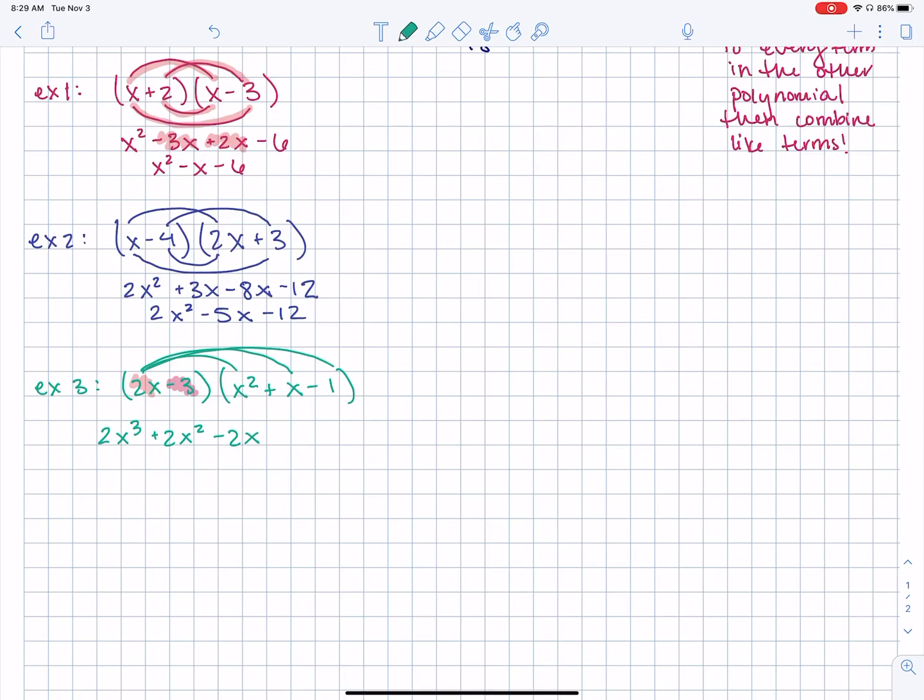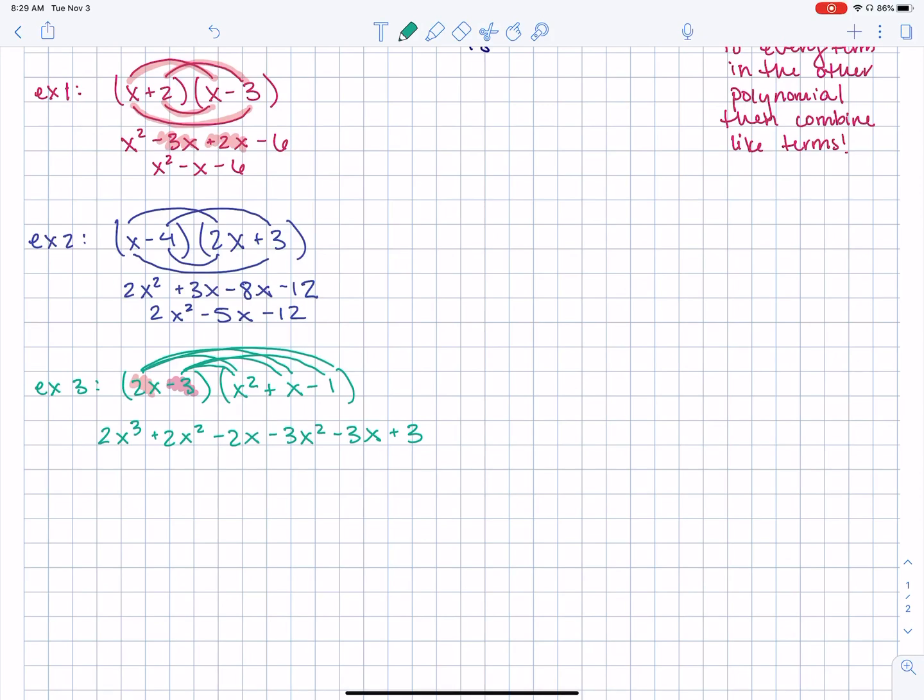And then we're going to take that other term, so for us it is a negative 3, and multiply it by everything in the other polynomial. So negative 3 times x squared, negative 3x squared, negative 3 times x, negative 3x, and negative 3 times negative 1, positive 3. Now the thing about this is that it becomes really long. So you have to go through and combine all like terms.